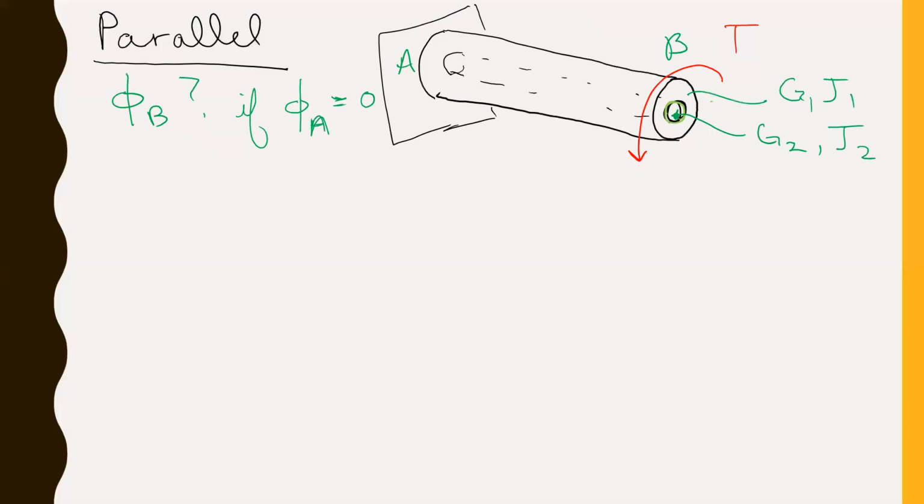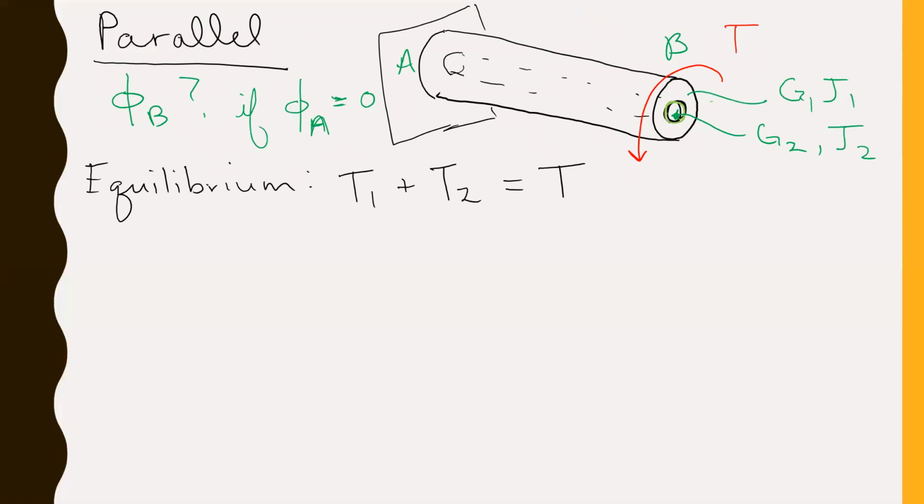Okay, the way we approach this problem is the same as we approach really any problem. We start with equilibrium. So when we have these two members in parallel and we have an applied torque, our equilibrium statement says that the torque resisted by member 1 plus the torque resisted by member 2 has to be equal to the total torque applied.